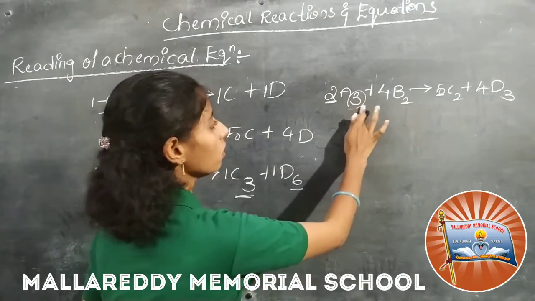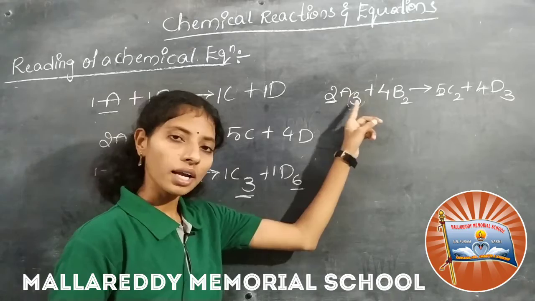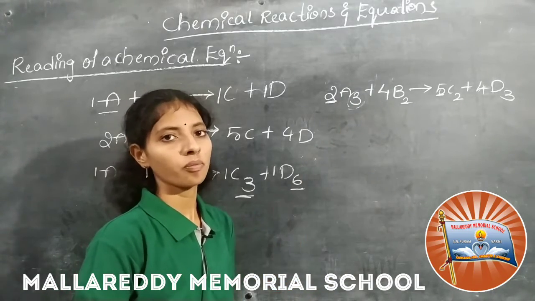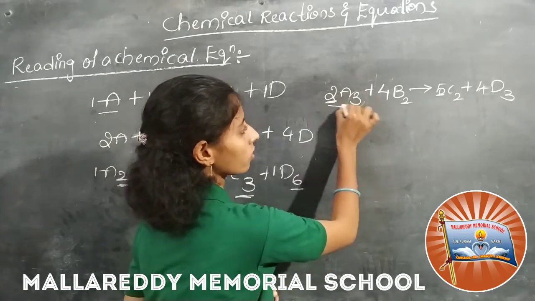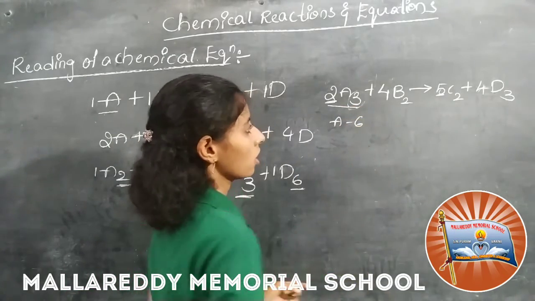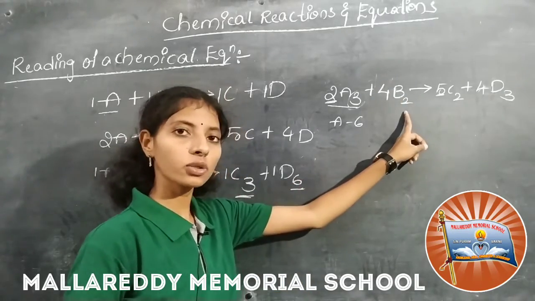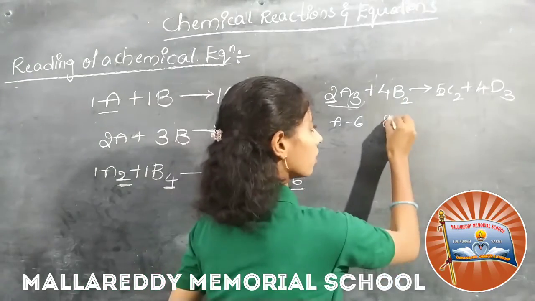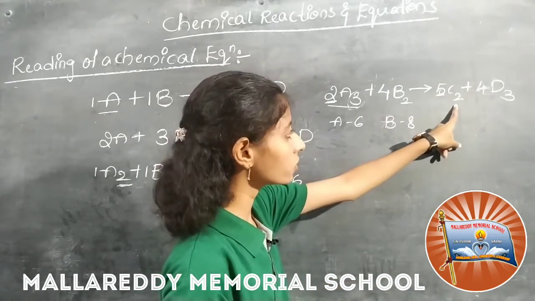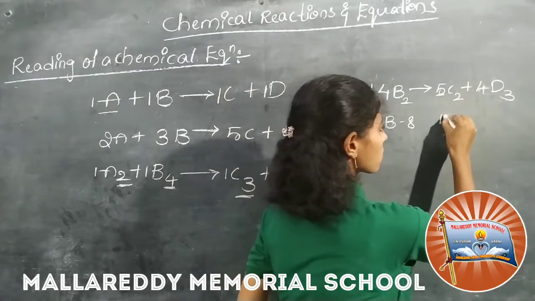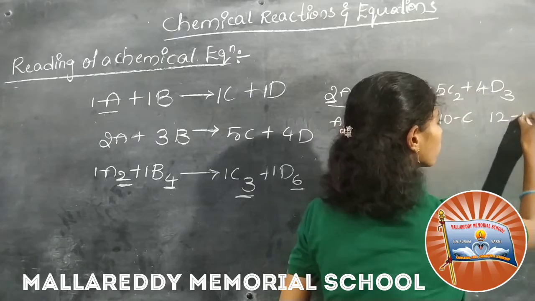See here, in this chemical equation we have two molecules of A and each molecule of A contains 3 atoms. So the total number of atoms of A is 6. Okay. Now here we have 4 molecules of B and each molecule of B contains 2 atoms. So total 8 atoms of B, and here we have 10 atoms of C, and here we have 12 atoms of D.